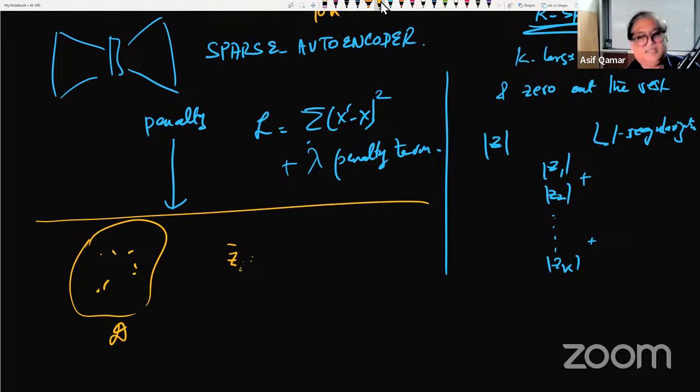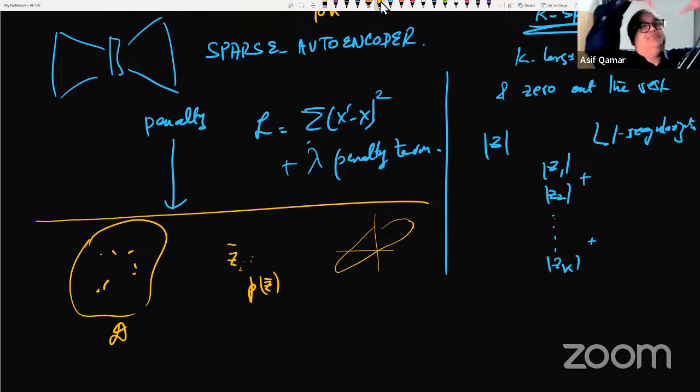This Z vector in the latent space will have a probability distribution. It will show how I'm clumped here, I'm spread there, I'm more likely to be here but not there. This is called a probability distribution, isn't it? So what you do is you take a chosen probability distribution.